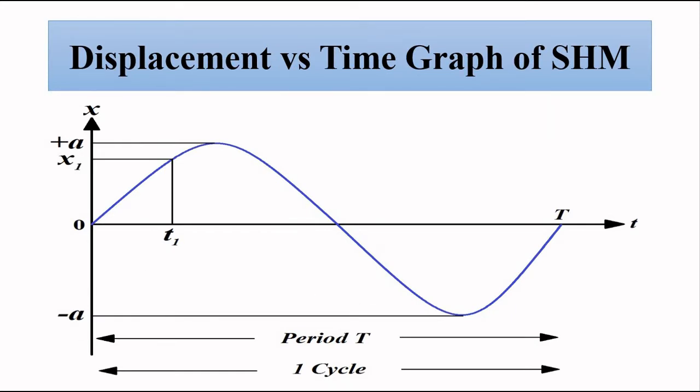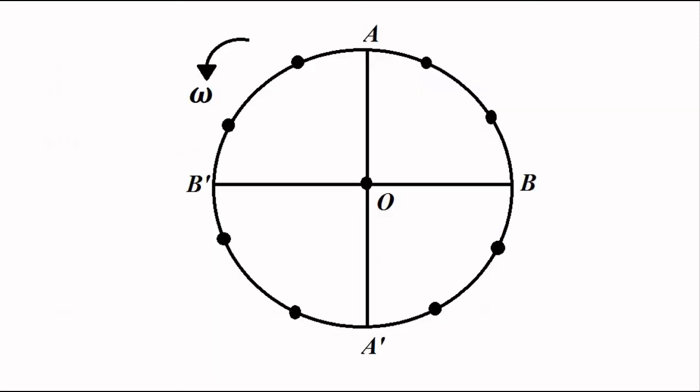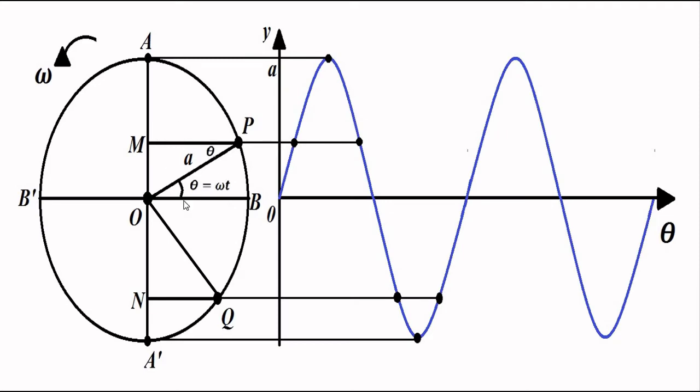We also discussed the correlation between uniform circular motion, that is movement of a particle along the circumference of a circular path with a certain angular velocity, and simple harmonic motion.